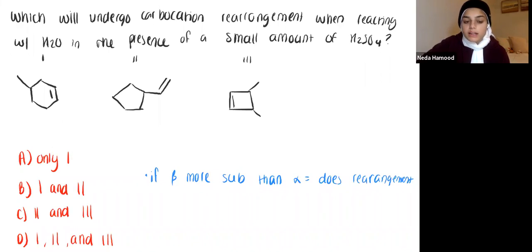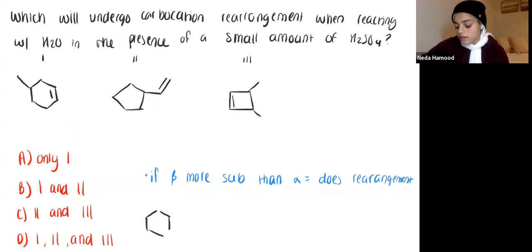So one of them would still have a hydrogen on it, if that makes sense. So this would end up looking like this. And this would have an extra hydrogen. And that's why it's talking about reacting with H2SO4, because if we look at the mechanism for it, this is what's happening.